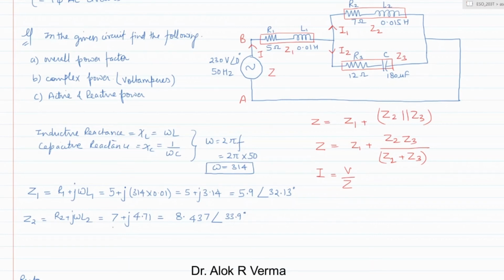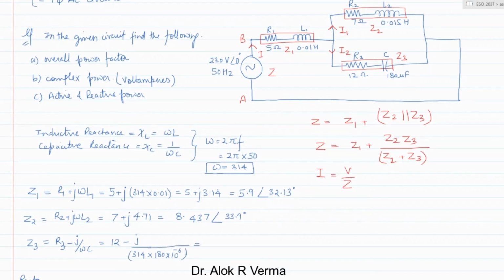Similarly, if we calculate Z3, it is R3 minus j by omega C. So here, 12 minus j by 314 into 180 into 10 to the power minus 6.